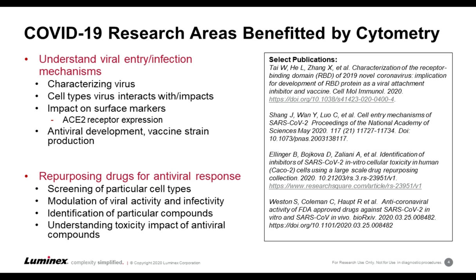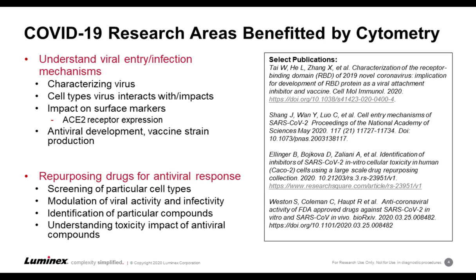Another big area of research is studies evaluating viral entry and infection mechanisms. People are interested in how the virus is interacting with certain cell types. They are creating in vitro models to understand the viral mode of entry and infection, to understand what kind of protein and expression markers are involved, and how these are impacted by viral binding and infection.